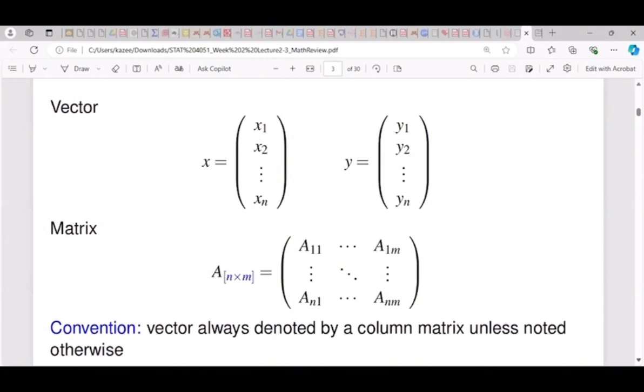I need you to relate that to your data frame, where they have features and observations. Observations are in the rows, features are in the columns. That is more or less a typical matrix representation.